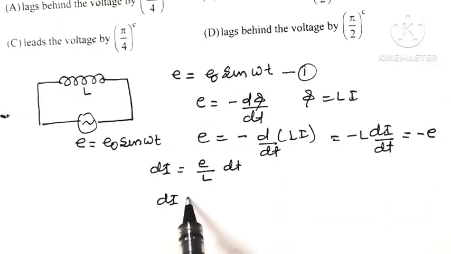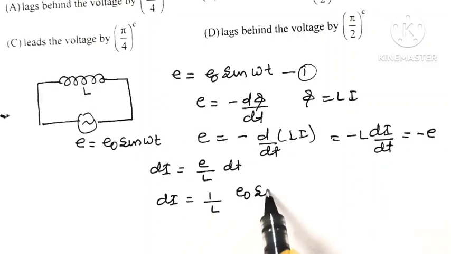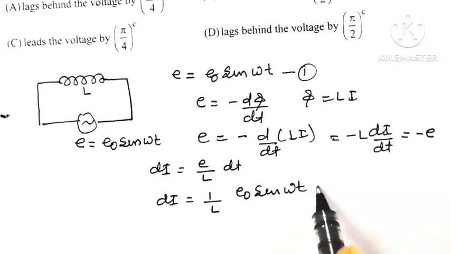So di is equal to 1 by L, E0 sine of omega t into dt.